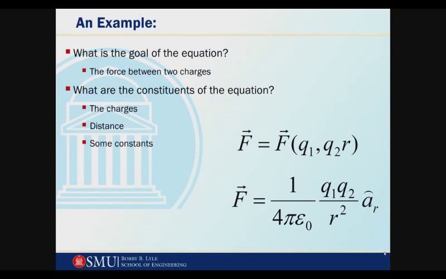And so the vector has a magnitude and a direction, and so happily on the right-hand side of this I have a unit vector, A sub r, which tells me that the direction of the force is associated with the line between the two charges. Then I look at r squared, and I look at the role of Q1 and Q2 in the numerator, and then I look at the constants.